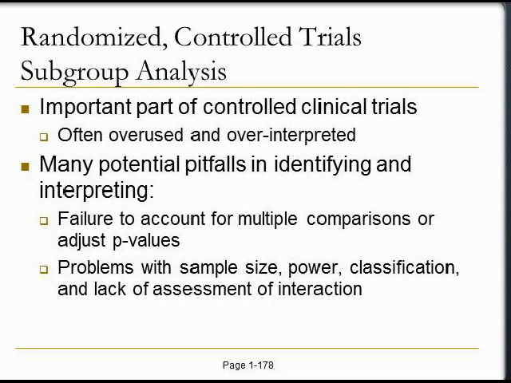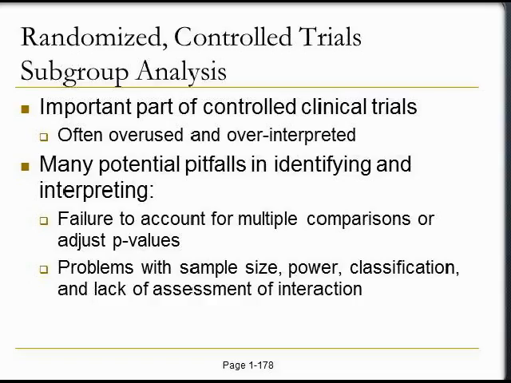I want to spend some time focusing on some issues related to randomized controlled trials: subgroup analyses, primary, composite, and surrogate endpoints, and then superiority, equivalence, and noninferiority 101. Again, we could spend months talking about these types of studies, and I'll direct you towards some additional information if you desire some. So let's first start with subgroup analyses.